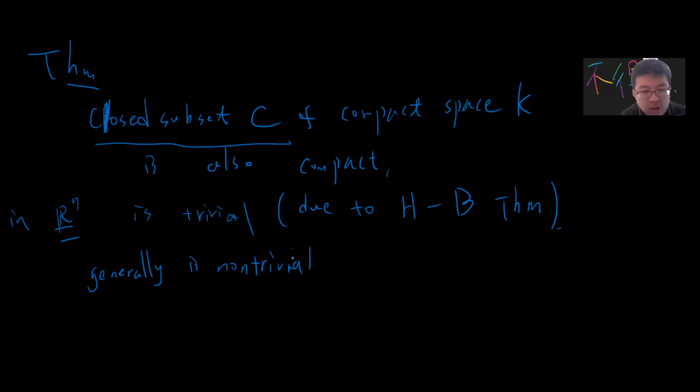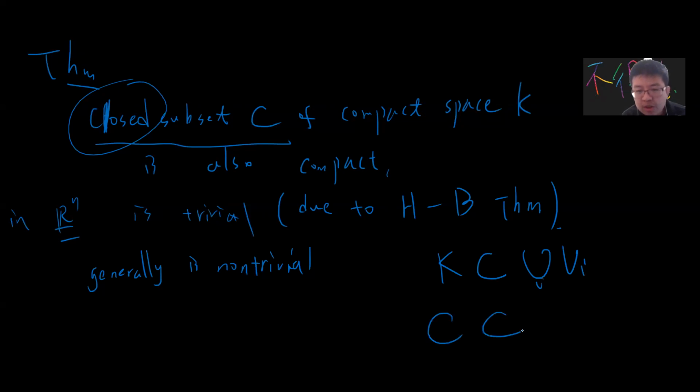I think the reason is that since C is closed, its complement is open, right? So you can put the complement into the cover. So let's say K is covered by, let's say, Vi, and I can take the complement of C. So K is covered by all these Vi, and C is somehow here.